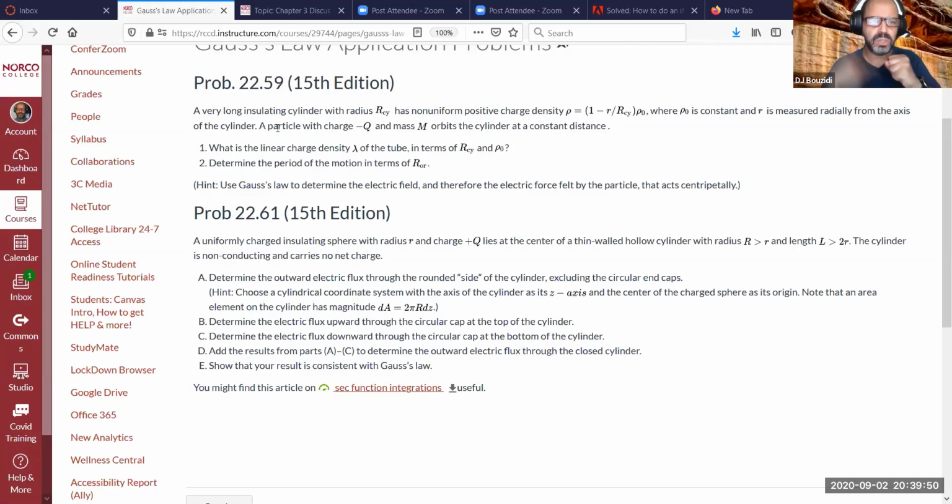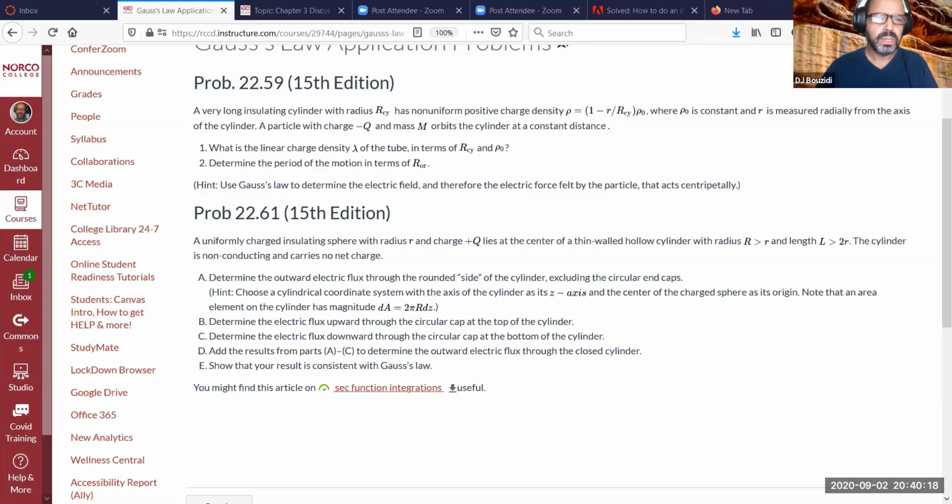Remember when an object is spinning, it has a period. It goes every so many seconds once around its center of rotation, okay? So we want to find that time, T, in seconds, okay? And use Gauss's law to determine the electric field and therefore the electric force felt by the particle that acts centripetally.